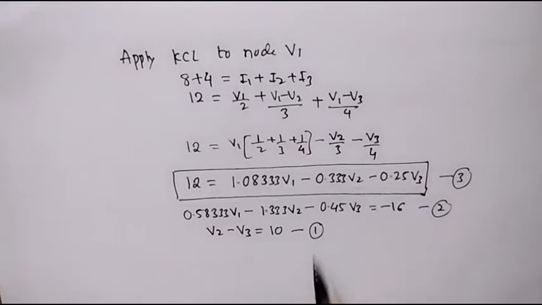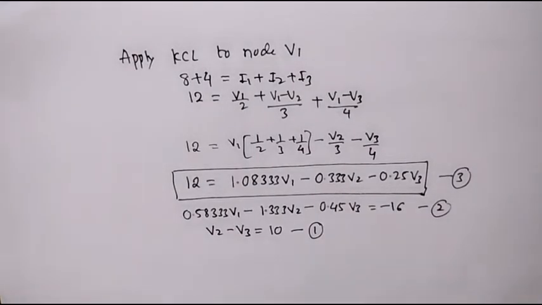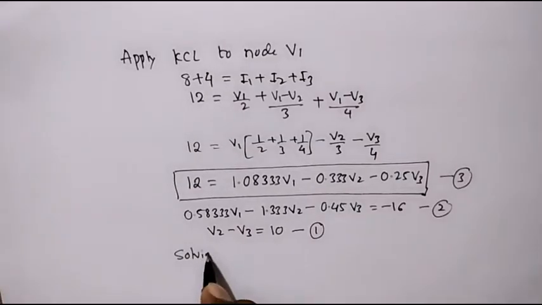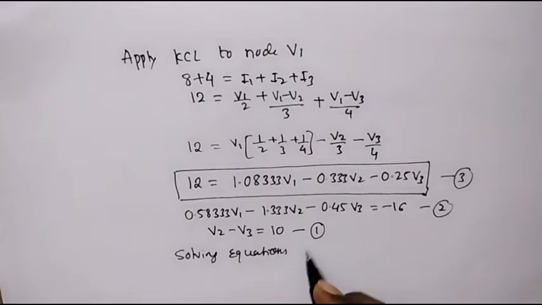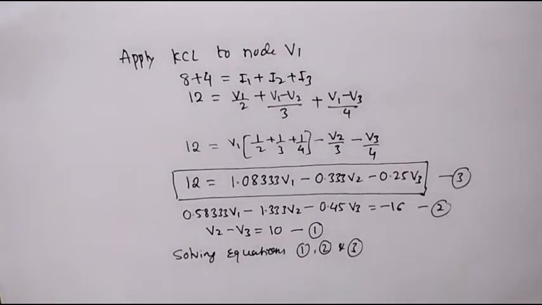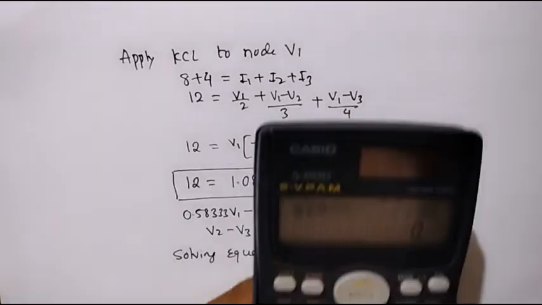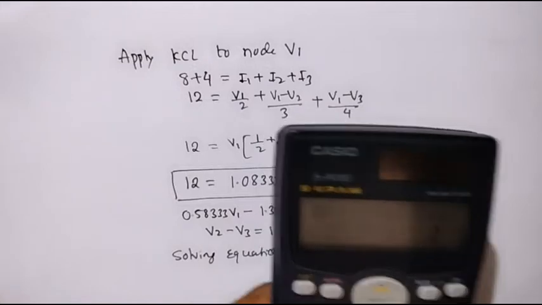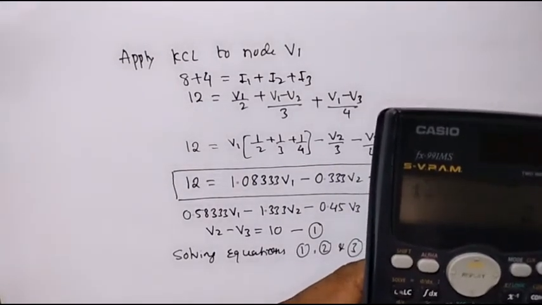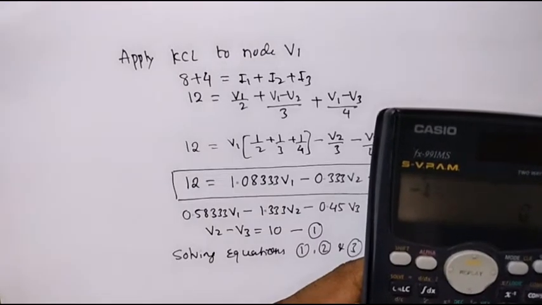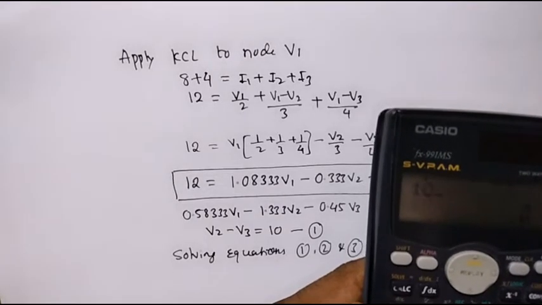Now solving equations 1, 2, 3. In the first equation, the coefficient of V1 is 0, the coefficient of V2 is 1, the coefficient of V3 is minus 1, and the value is 10.